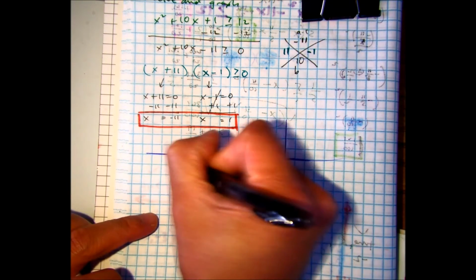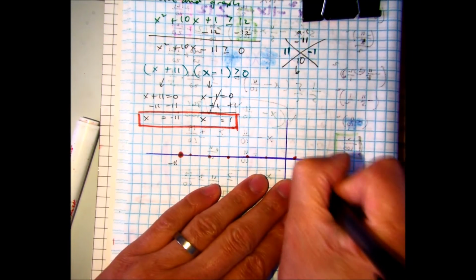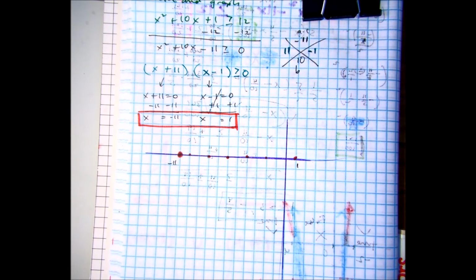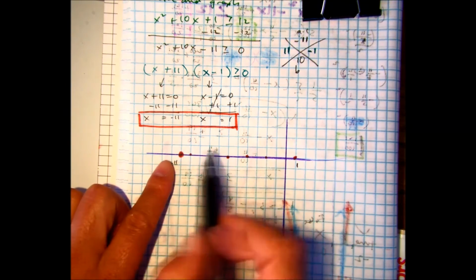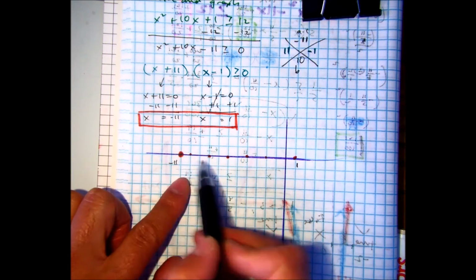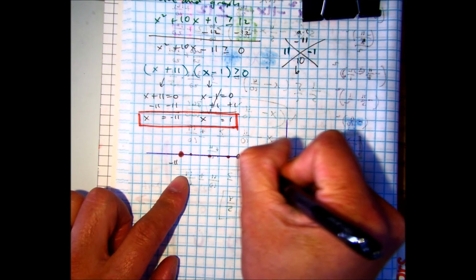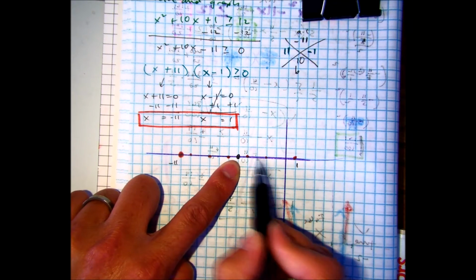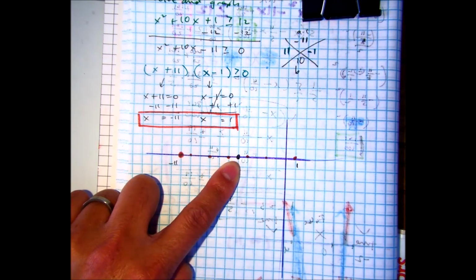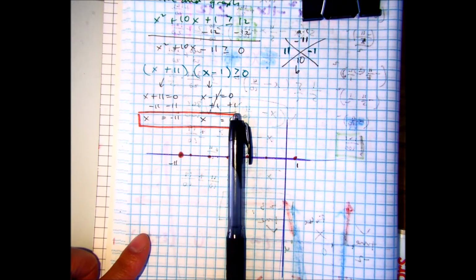Mark that. Positive 1. The nice thing about this problem is that it is symmetrical. There's a distance of 12, so the midpoint is 6. 1, 2, 3, 4, 5, 6. 1, 2, 3, 4, 5, 6. So I know that my graph's going to be folded in half on this line of symmetry.